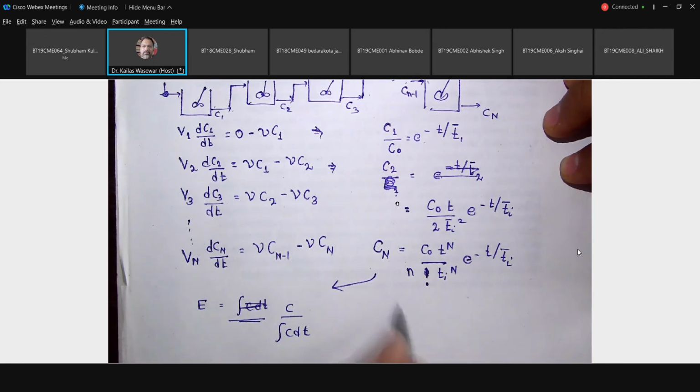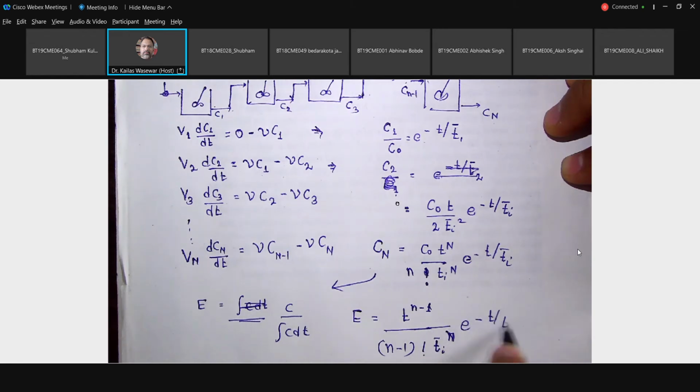So you can convert this equation: E is equal to t to the power n minus 1 upon n minus 1 factorial, tau bar to the n, exponential of minus t upon tau bar.